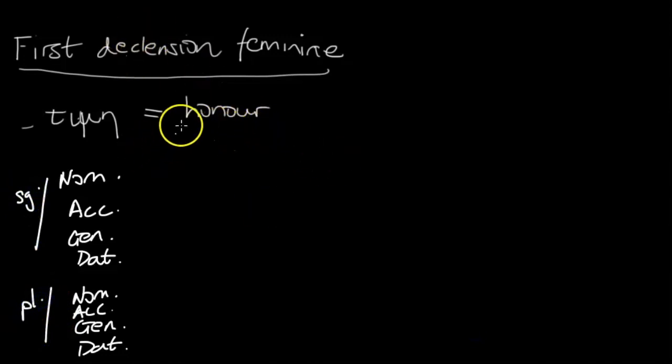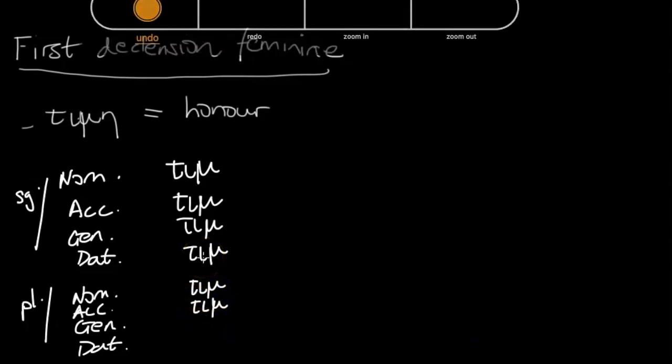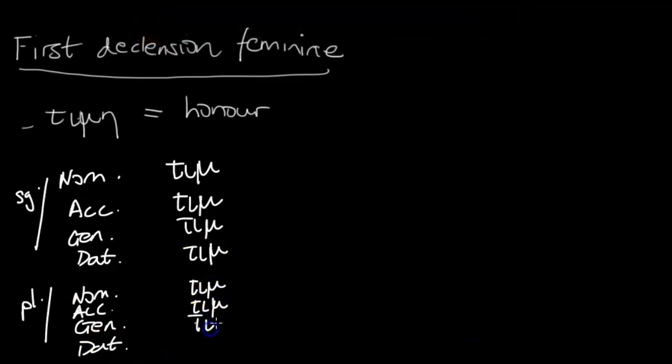And of course, because it's first declension feminine, there's only going to be one gender, which is feminine. So I'll write out the stem, which is tim. Okay, so that's the stem.